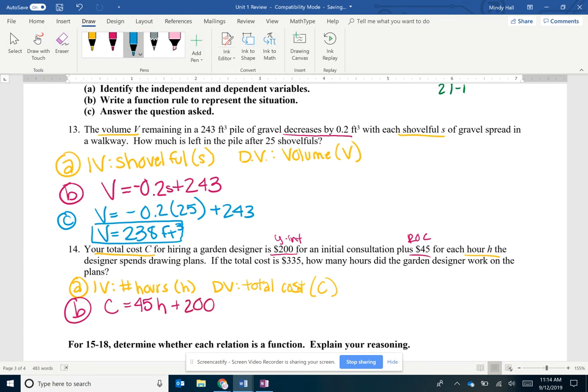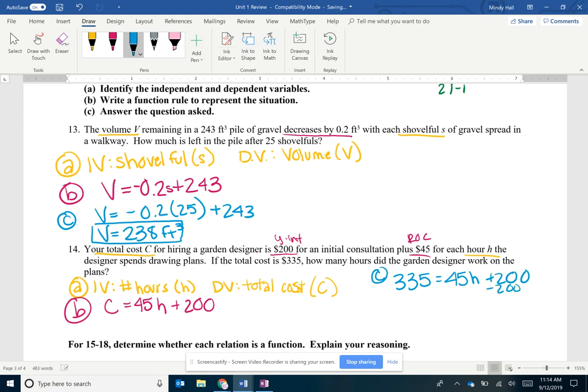Now, we want to know if my total cost is $335, how many hours did the designer work on the plans? Which is important because if you get charged $335, you want to know how long that designer actually worked. So, because we are given the total cost, we have 335 equals 45 times the number of hours that we don't know, plus 200, and now we're just solving.